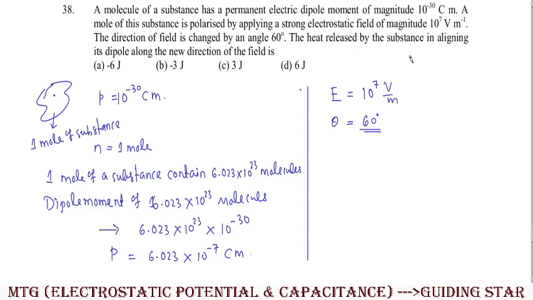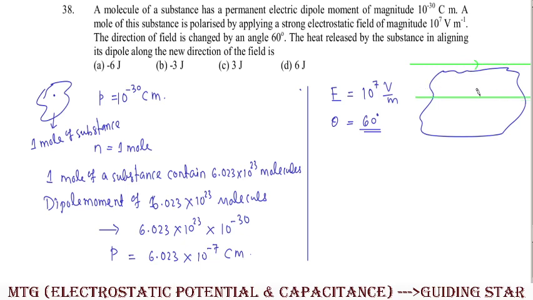Initially suppose this is the substance, and it has some dipoles like this. Just think that the system is something like this. That means a uniform electric field is there.